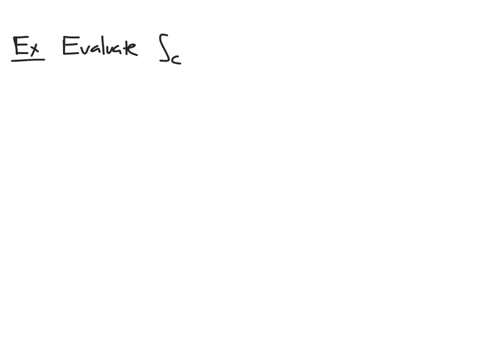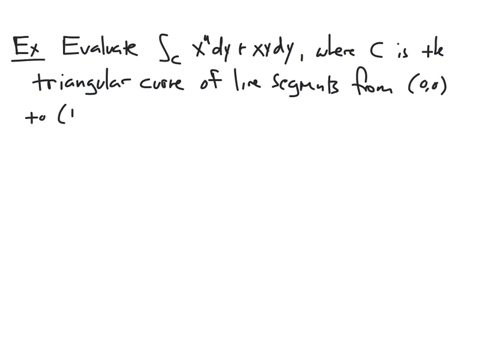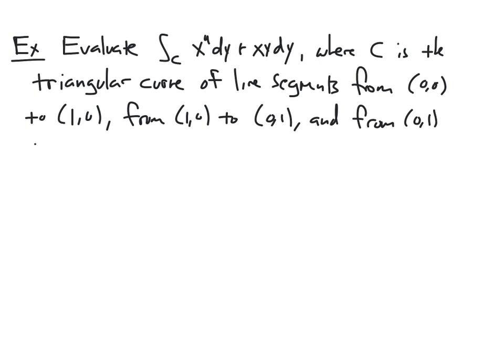So we want the line integral over C of x to the fourth dx plus xy dy, where C is the triangular shaped curve consisting of 3 line segments: from the origin to the point 1, 0, from the point 1, 0 to the point 0, 1, and lastly, from the point 0, 1 to the origin.